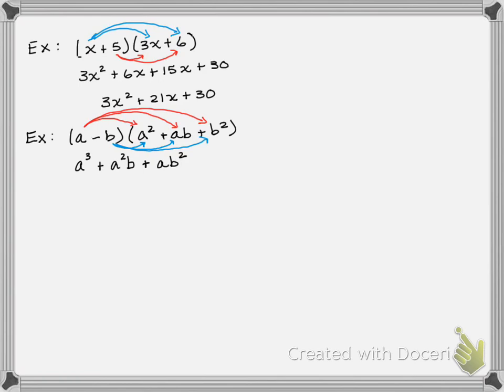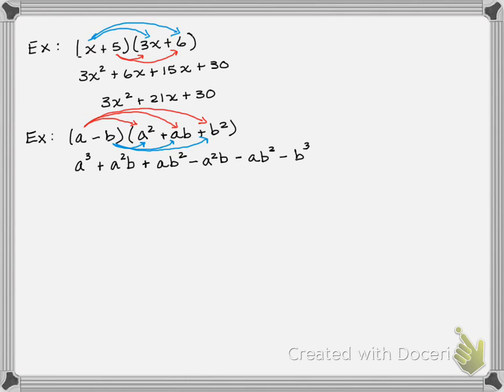So if I do b times a squared, I have 2 factors of a, 1 factor of b, so minus a squared b. And then b times ab is 1 factor of a, 2 factors of b, so minus ab squared. And then b times b squared gives me 3 factors of b.